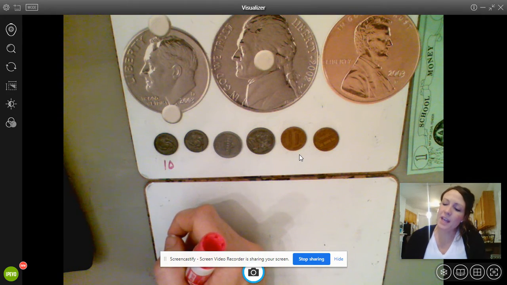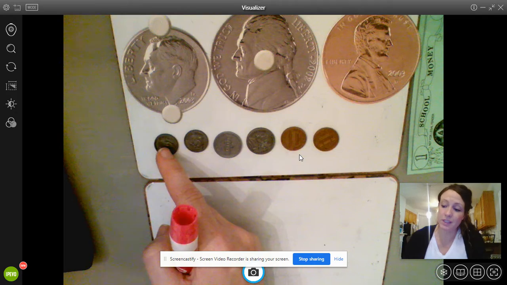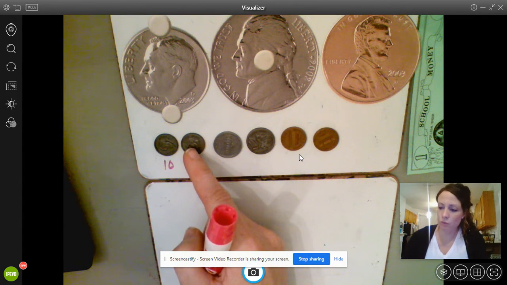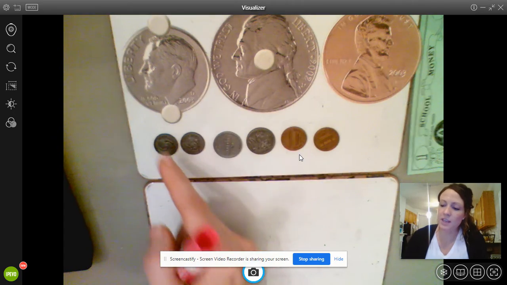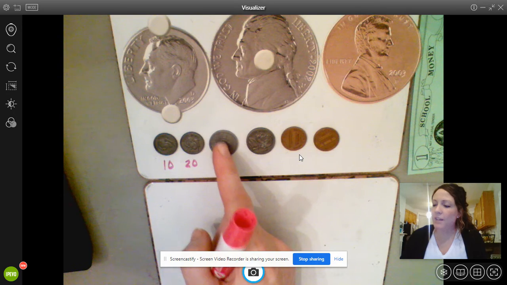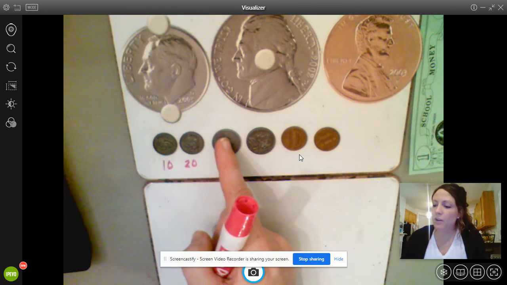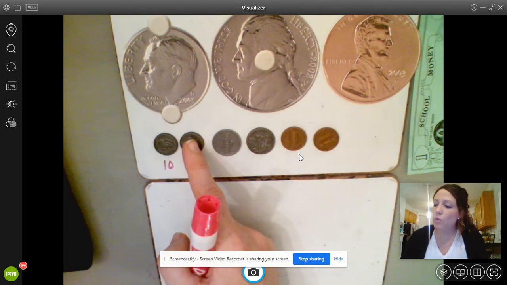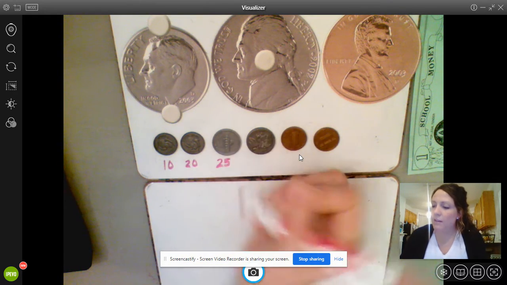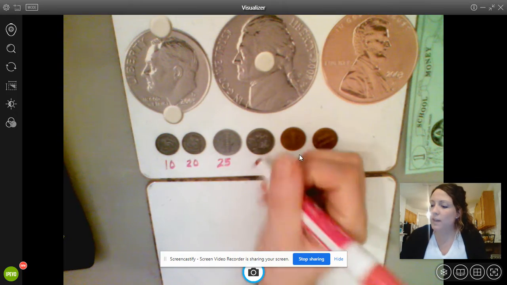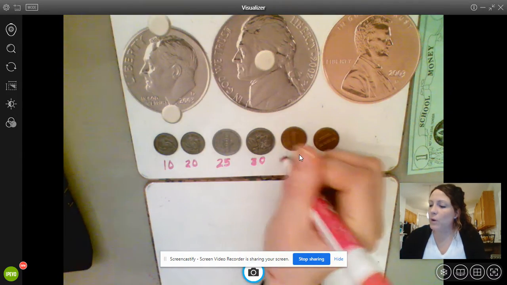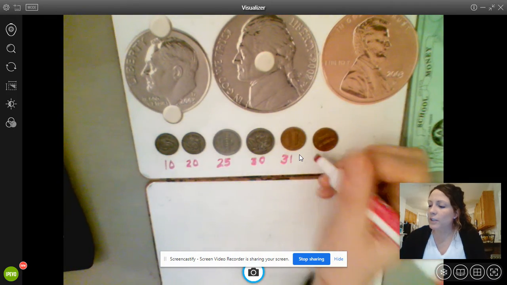If I add on to 10 another 10, I could use the touch points if I wanted, 10, 15, 20, or I could just say 10, 20. I then have that imaginary touch point for my nickel, so 10, 20, 25. I go to the next nickel, that would make it 30, 31, 32.